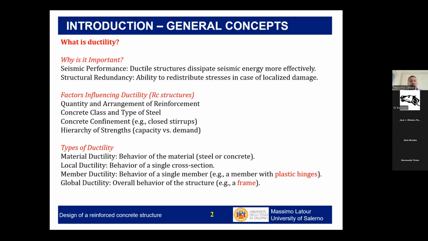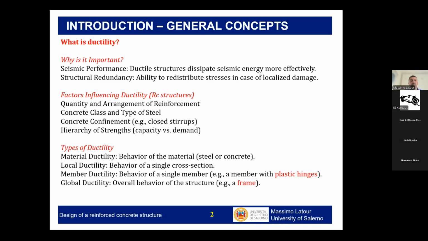So what are the factors which influence ductility? This slide refers to reinforced concrete, but I will also tell you some small things related to steel structures. When we are dealing with RC structures, ductility depends strongly on the way we design the elements and mostly the way we arrange and place the quantity of reinforcement in terms of bars, but also transverse bars.